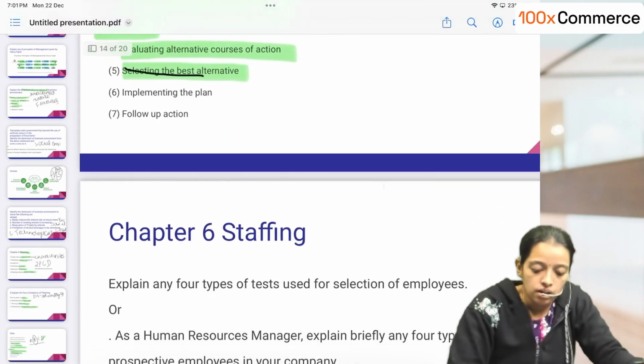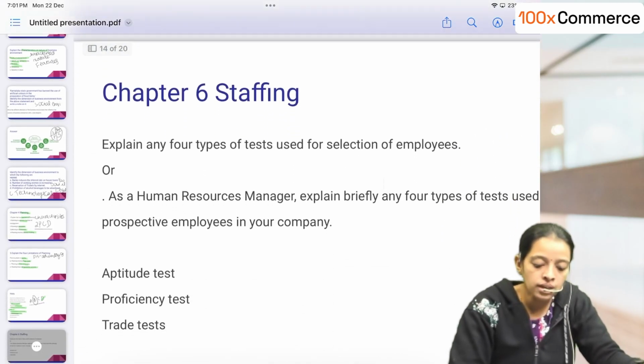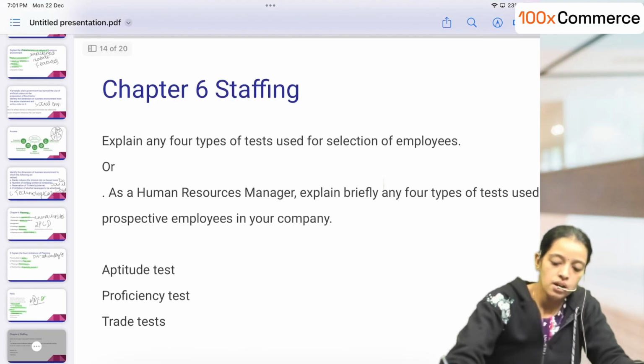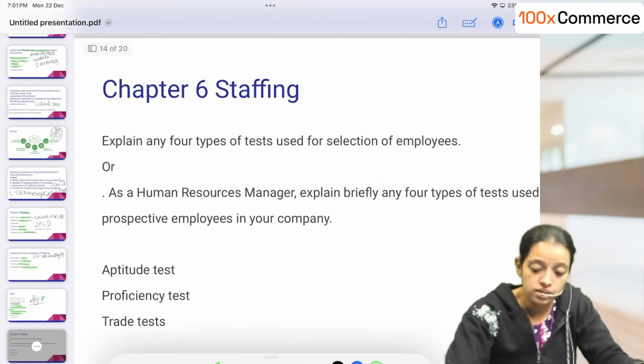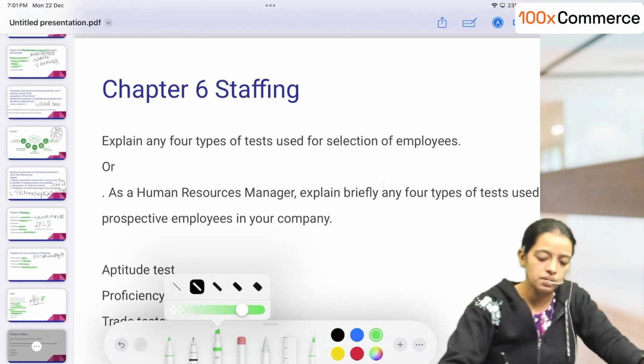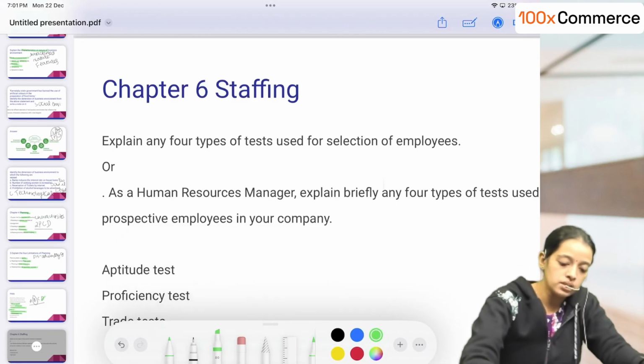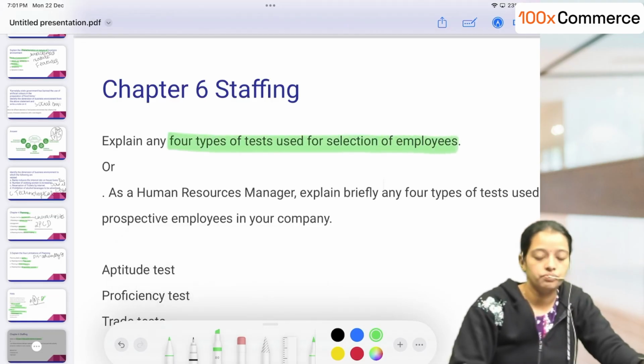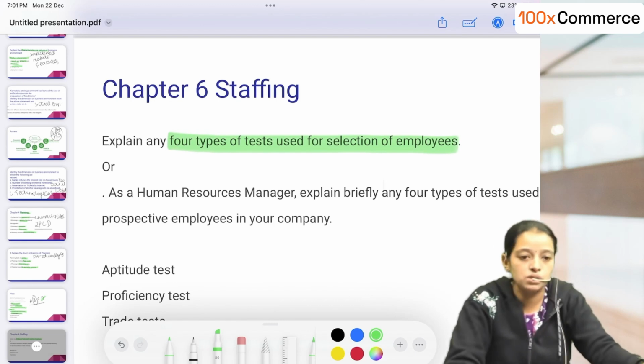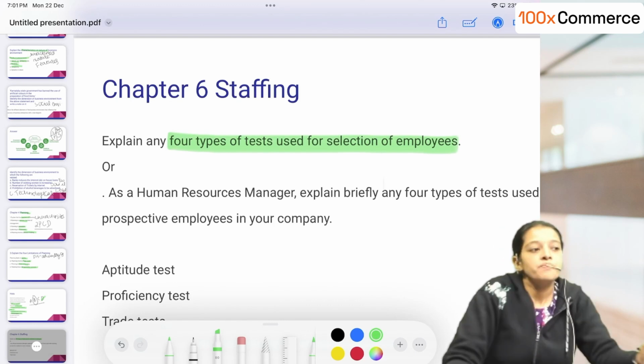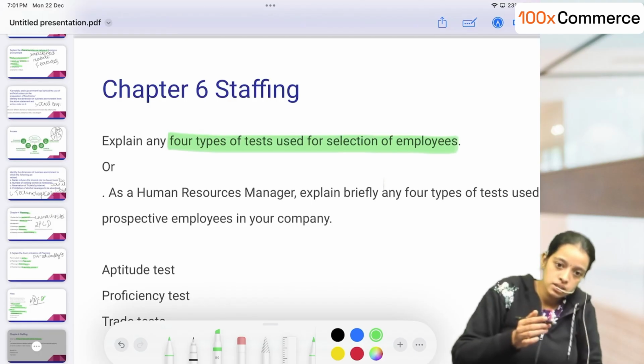Coming to the next chapter now. We are on the staffing chapter. In the staffing chapter, which question can be asked? Explain any 4 tests that are used for the selection process of the employees. This question can also be asked as a hot question.